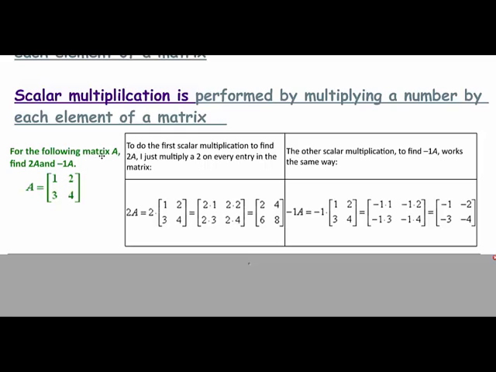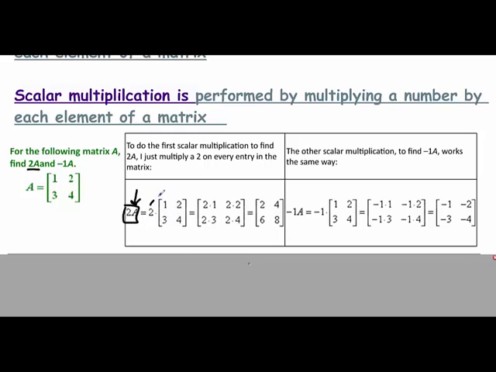So I ask you two things. I ask you to take this matrix A and multiply it by 2. And when we do that, it looks like this, 2 times matrix A. So the big capital letter, I want to remind you, means an entire matrix, not just one value. So matrix A is 1, 2, 3, 4.